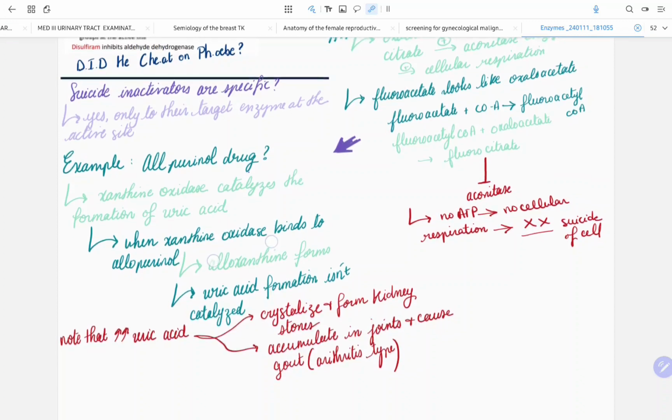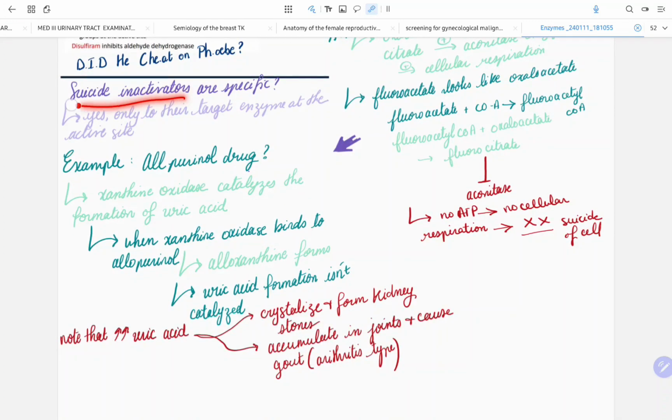Another example of suicide inactivators is the allopurinol drug. So you're a doctor and you suspect your patient has increased levels of uric acid. You give them allopurinol drug, and how this happens is that in our bodies there's an enzyme called xanthine oxidase which catalyzes the formation of uric acid. It increases the levels of uric acid. So when xanthine oxidase binds to allopurinol drug after you prescribed it to your patient, something called alloxanthine forms.